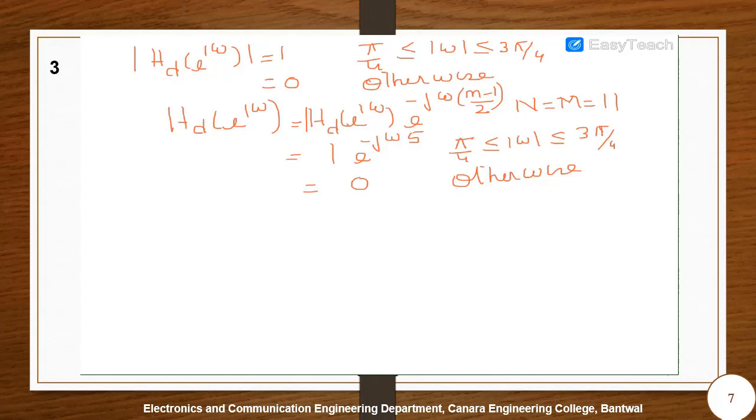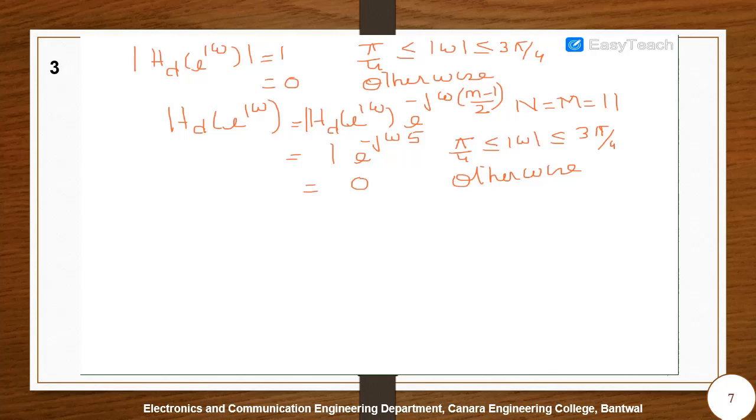So note the difference. Earlier, we had the hd of e to the power j omega given, but this time they have given the magnitude, so we need to convert it into the desired frequency response by multiplying with the phase factor.